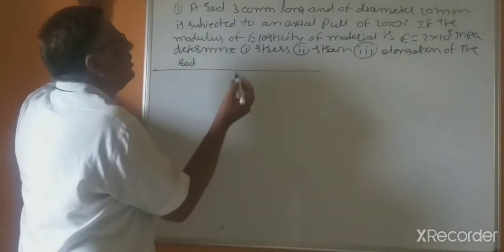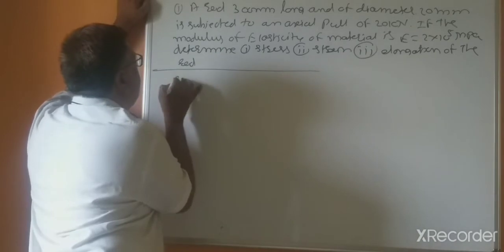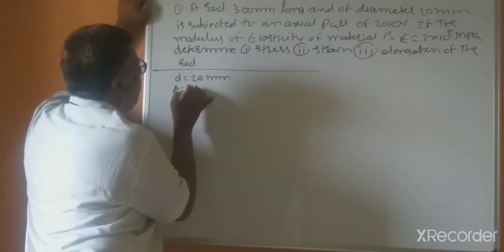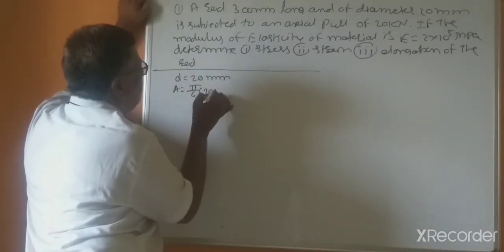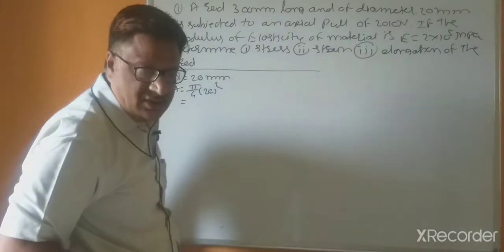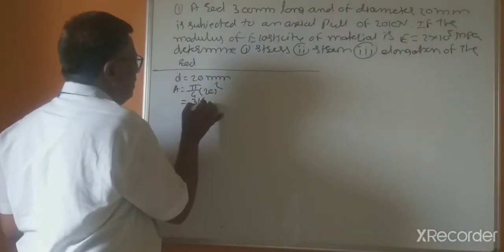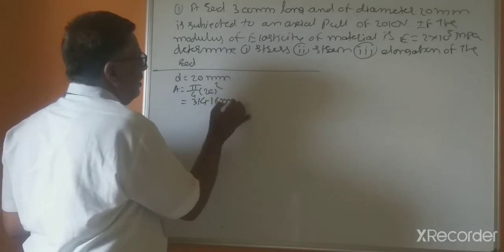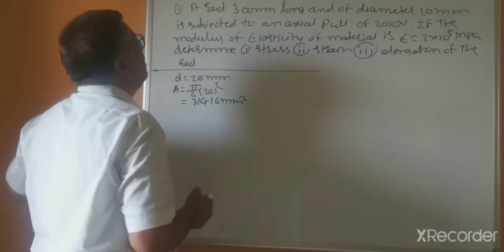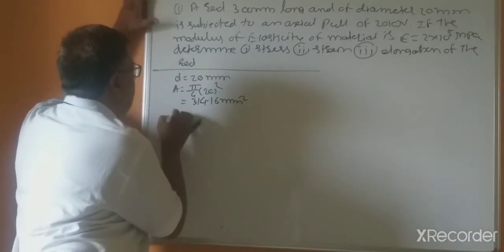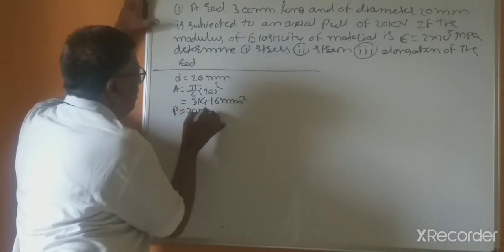So what is first given? Diameter D equal to 20 mm. So area equal to pi by 4 into 20 squared, this is I think 314.16 mm squared. Next, P equal to 20 kilonewtons.